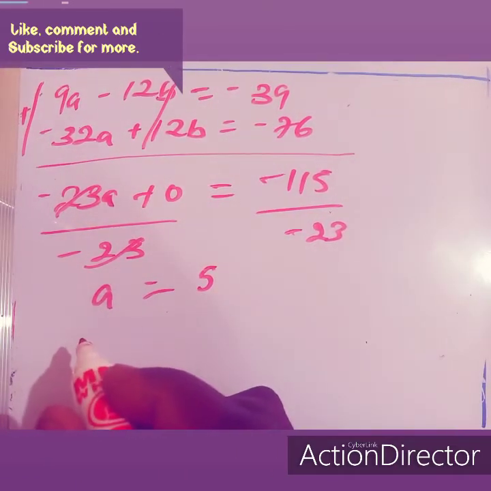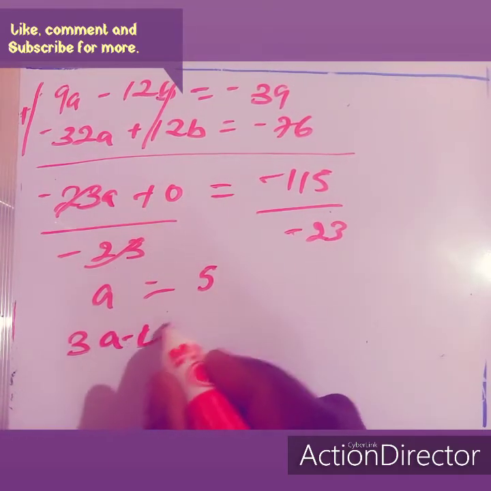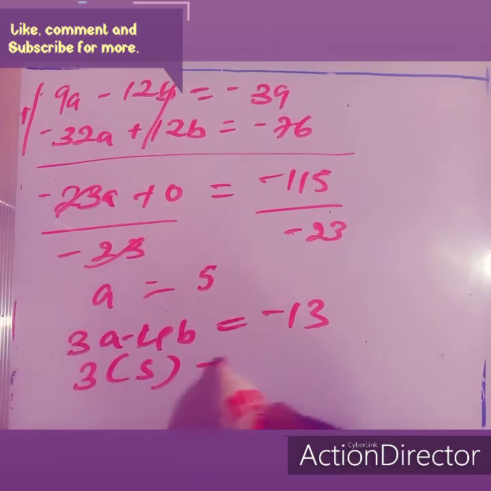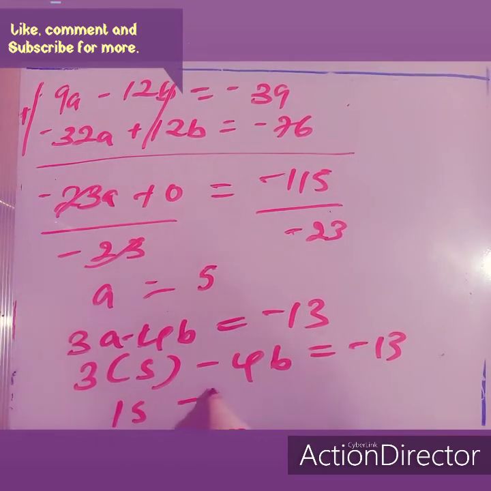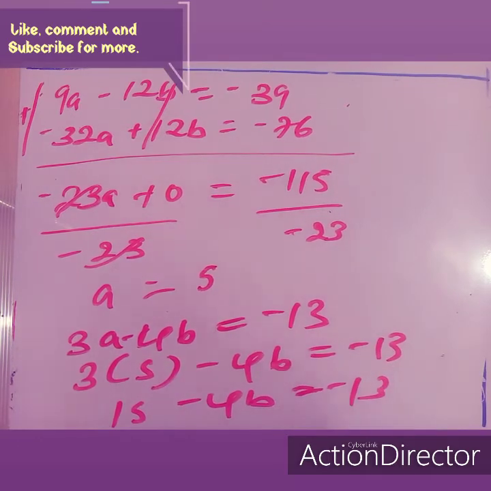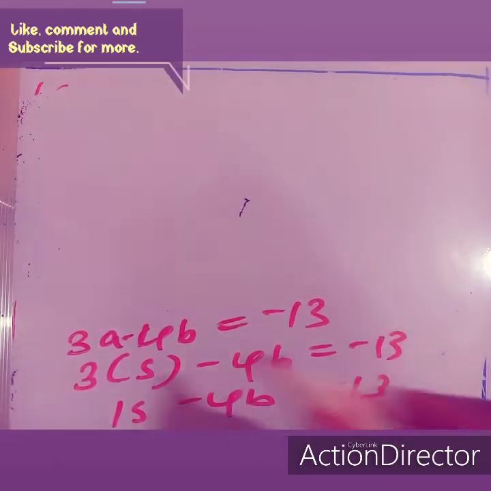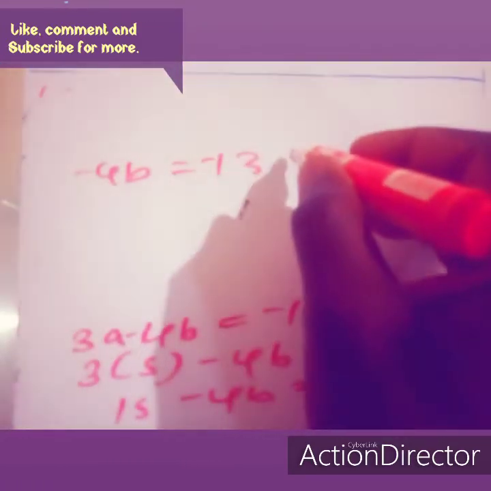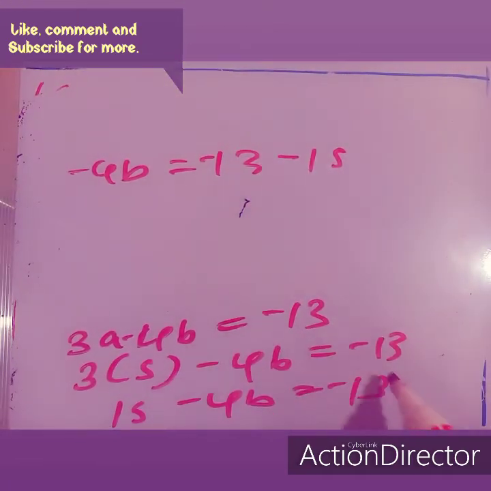So we can use the first equation, that is 3a minus 4b equal to minus 13. So 3 times 5 minus 4b equal to minus 13. So 3 times 5 is 15. 15 minus 4b equal to minus 13. What that means is that minus 4b will be equal to minus 13 minus 15, because the 15 is going to this side.